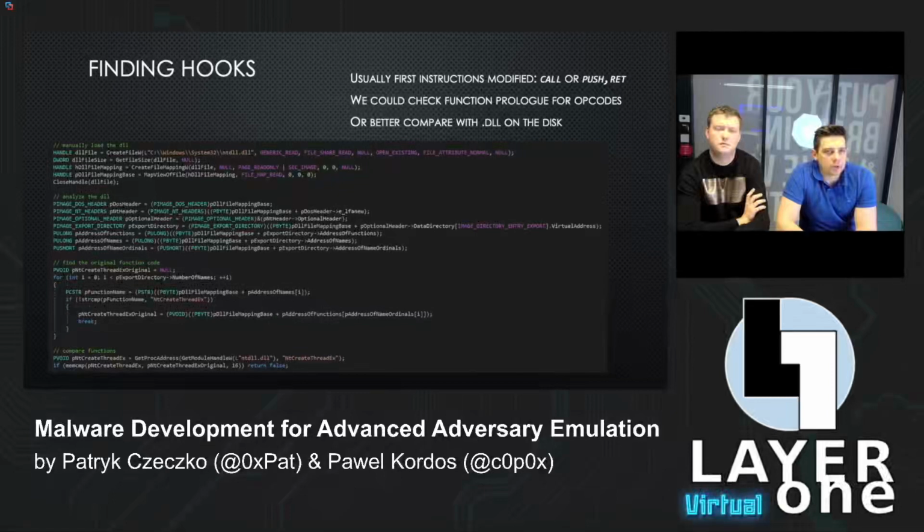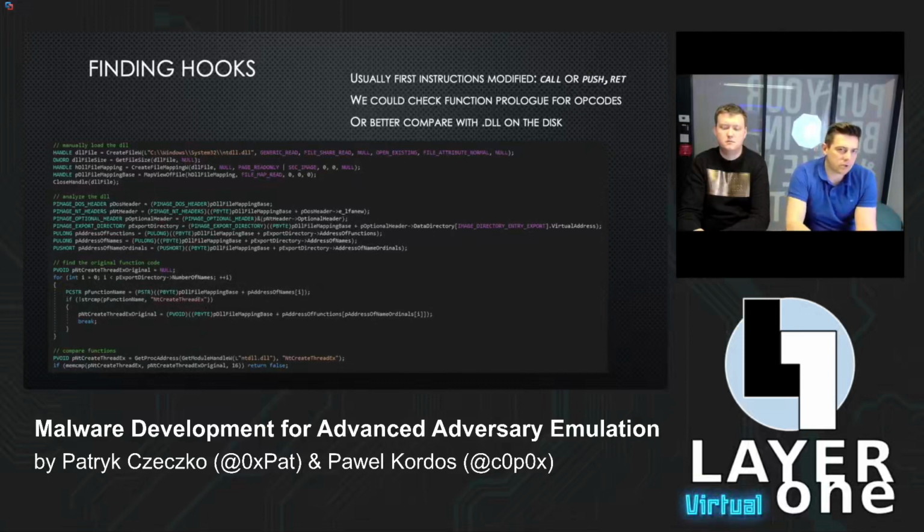And what we can do with this, so first thing, we could browse the actual assembly code of the functions in memory to see if the first instructions are modified, because usually the first instructions in a hooked function would be something like call or push and return to actually call some function in an external module, and we could see if that's the case for the function code.